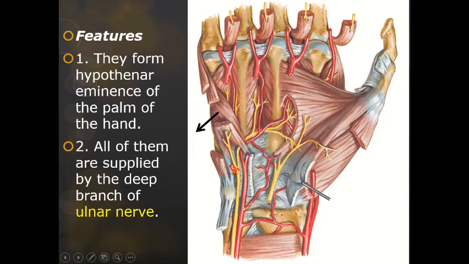These three muscles form the hypothenar eminence, as the three thenar muscles form the thenar eminence. These three muscles are supplied by the deep branch of ulnar nerve, whereas the three thenar muscles are supplied by the recurrent branch of median nerve. Hypothenar muscles are supplied by the deep branch of ulnar nerve.